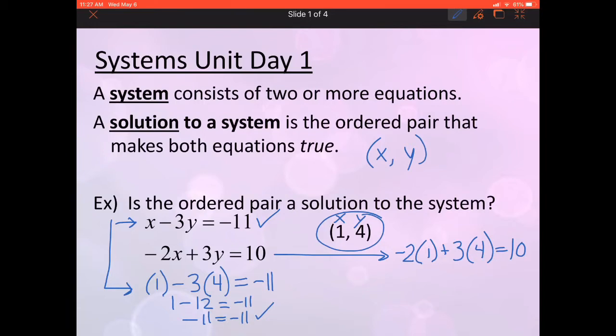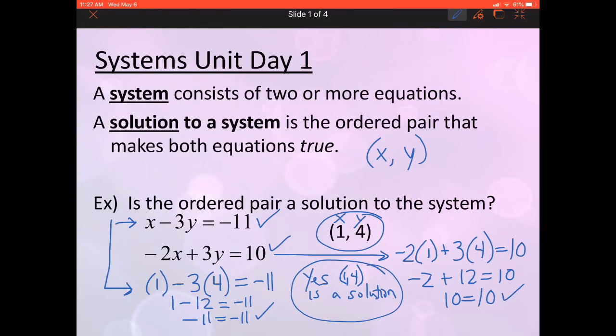So I have, remember, multiply before you add, so negative 2 plus 12, and I'm checking to see if that's 10, and negative 2 plus 12 is 10, so it worked for this one as well. So (1, 4), if I was checking to see if it was a solution, yes, it is a solution.